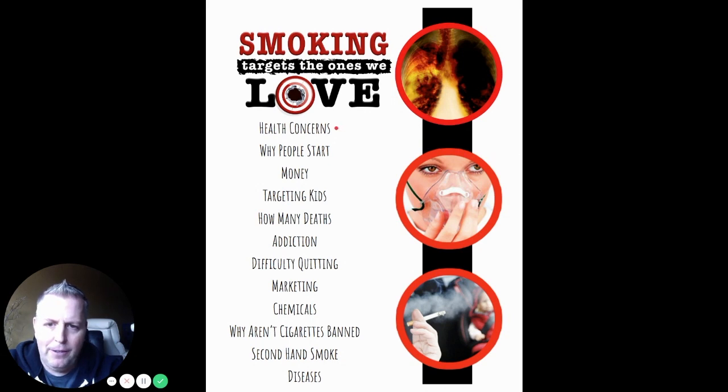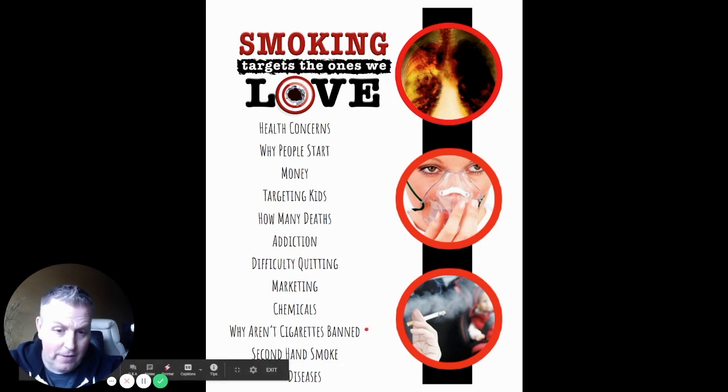Things might be like health concerns, why do people start smoking, how much money it costs, advertisements that are targeting children or kids, the number of deaths caused by this, addiction, maybe even difficulty quitting, marketing, which would also be tied to targeting kids, chemicals found within cigarettes, why are they not banned, secondhand smoke, and lastly, the diseases that are associated with smoking.